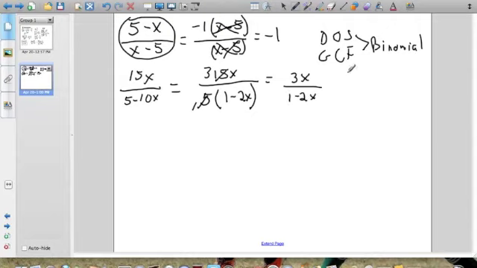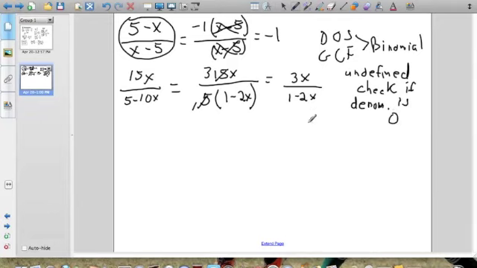Now I need to check to find out when something is undefined. A fraction is undefined when the denominator is 0. So I have to check for undefined, which basically means I have to check to see when the denominator is equal to 0.